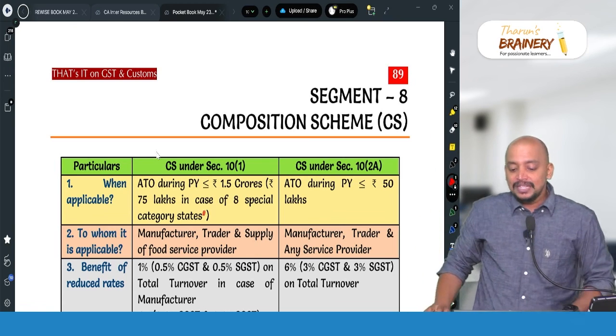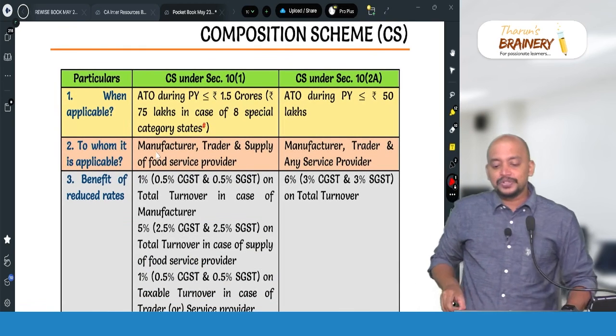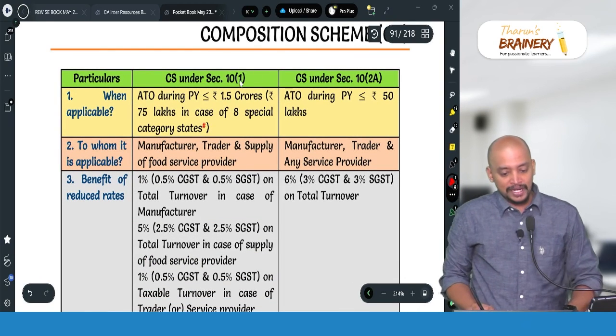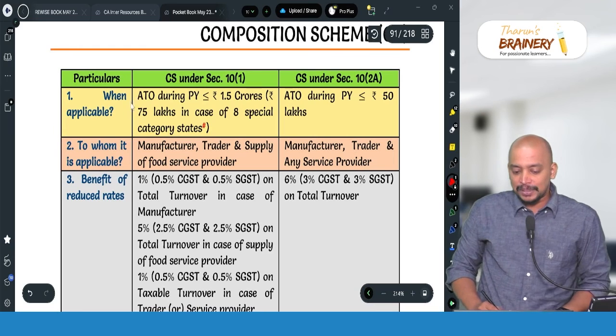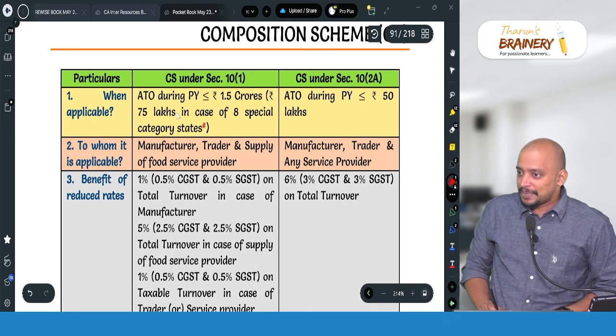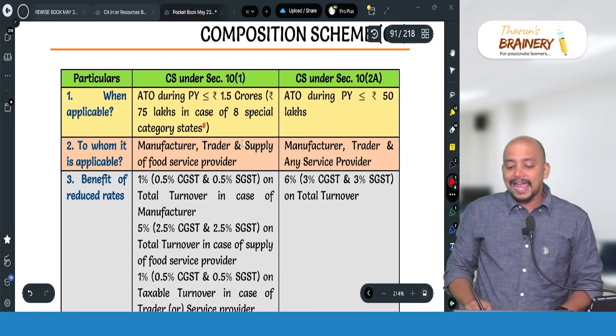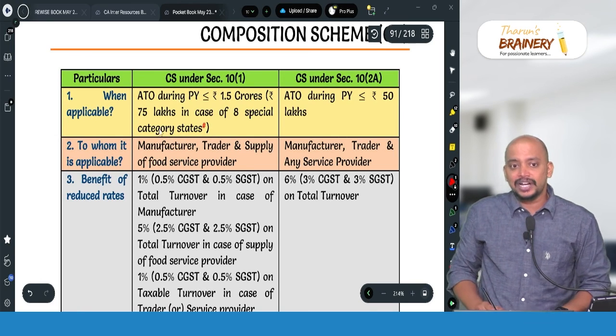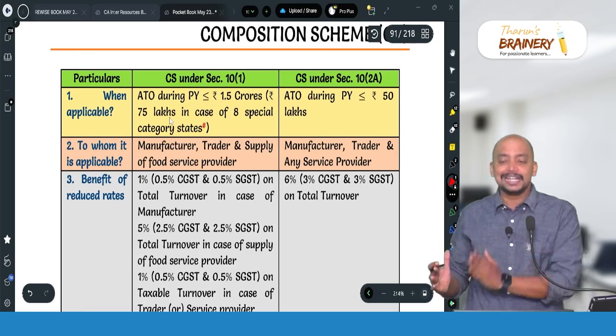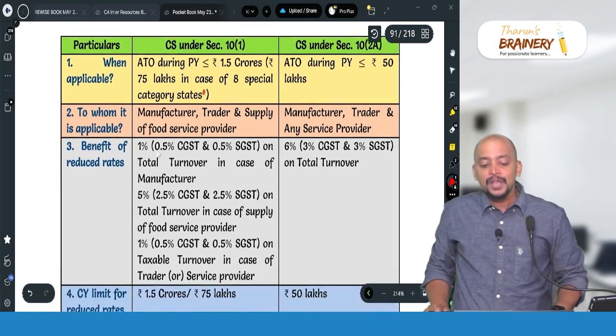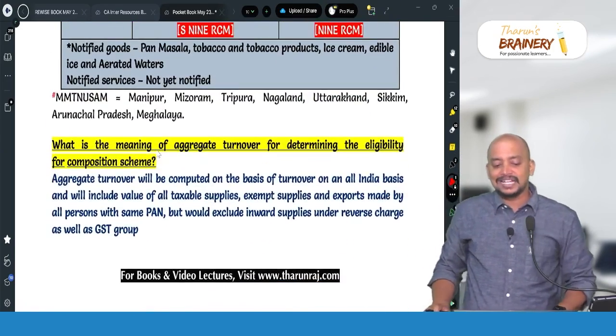Now these two composition schemes: first, composition scheme under 10 subsection 1. When will it be applicable? If aggregate turnover during the previous year does not exceed 1.5 crores, or for 8 special category states if it does not exceed 75 lakhs, then during the current year they can opt for composition scheme. What are those 8 special category states?